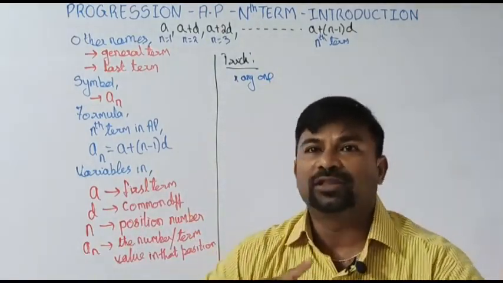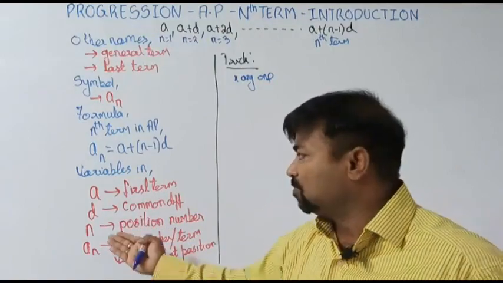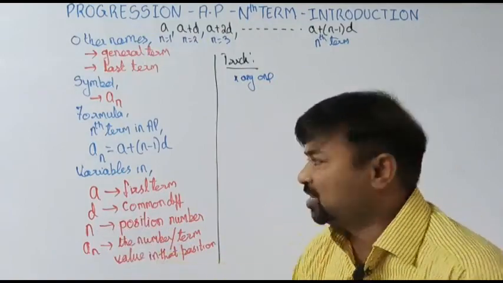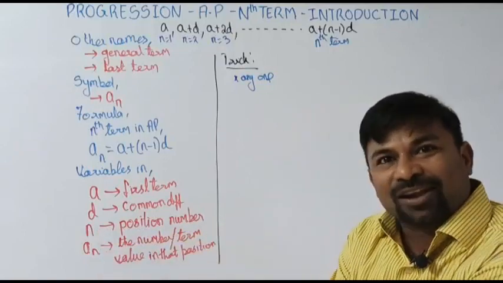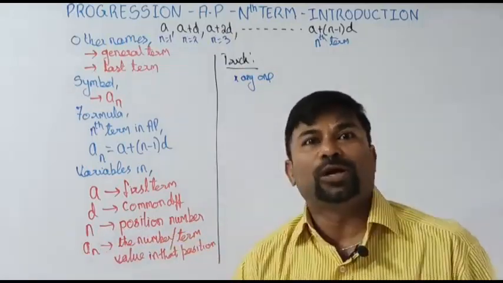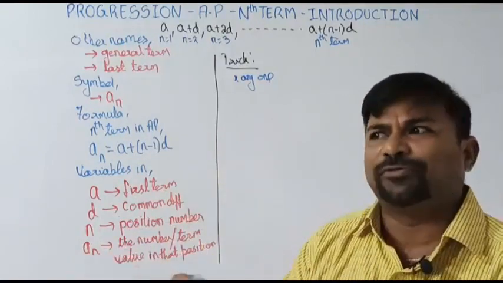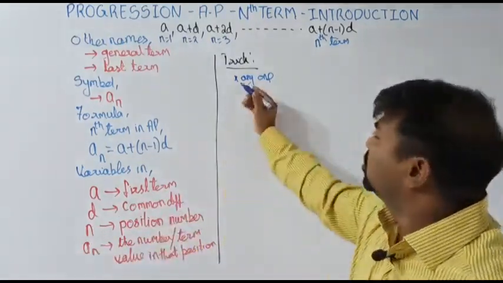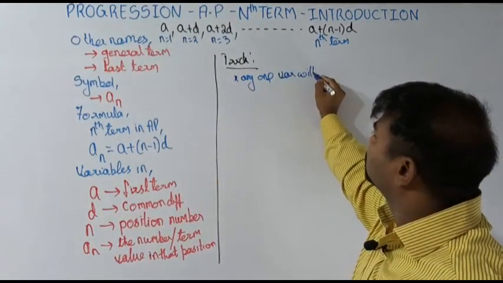It may be to find the first term, or the common difference, or how many terms there are, meaning the roll number, or who is sitting there, or he will give you a number and ask what is the position of that number.